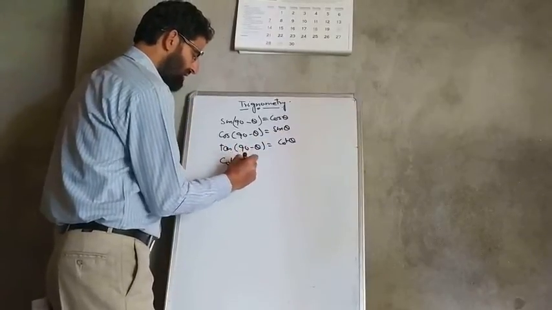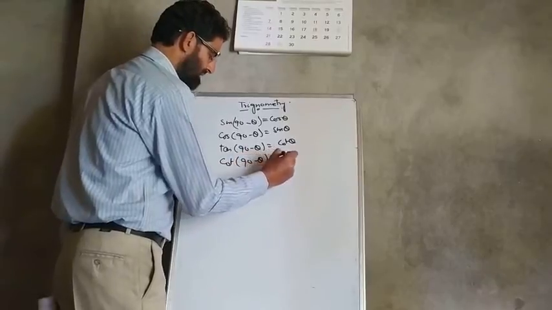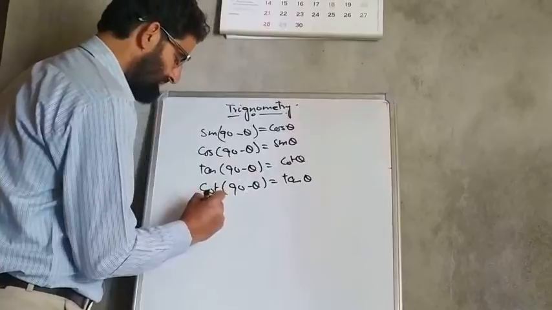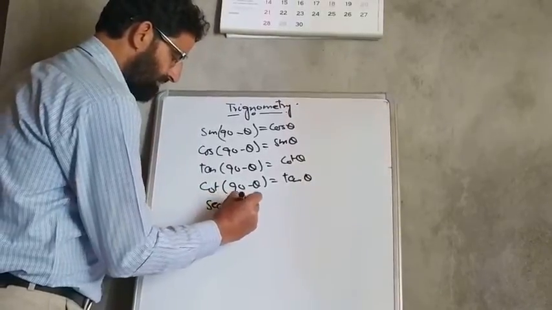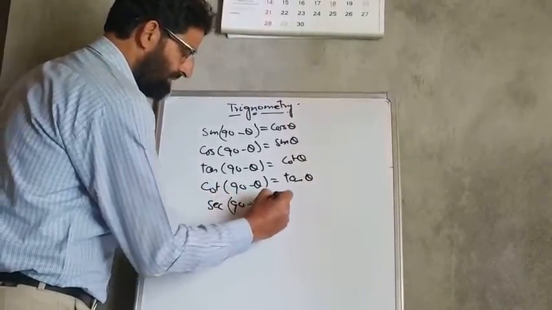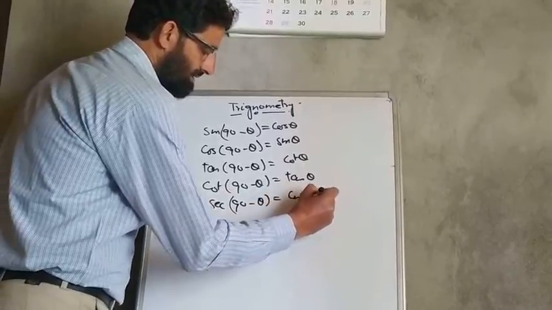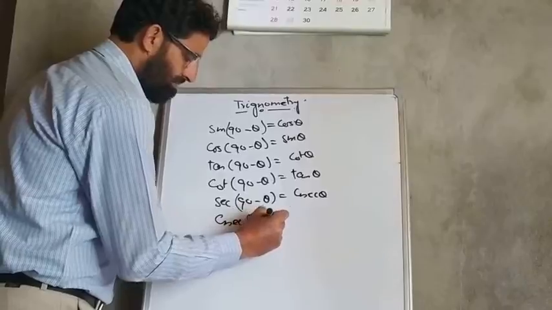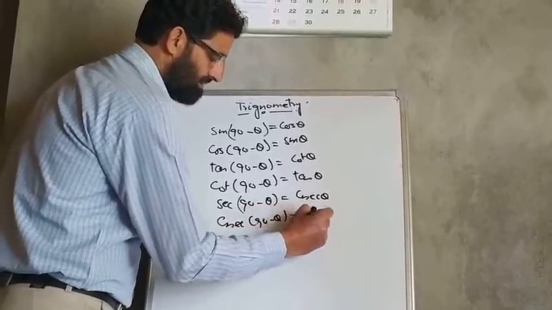Cot(90 minus theta) is tan theta. Sec(90 minus theta) is cosec theta. And cosec(90 minus theta) is sec theta.